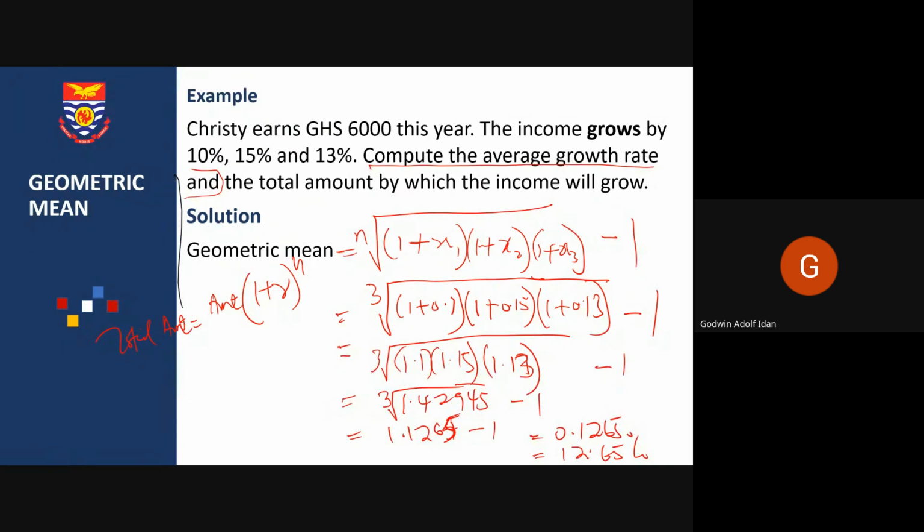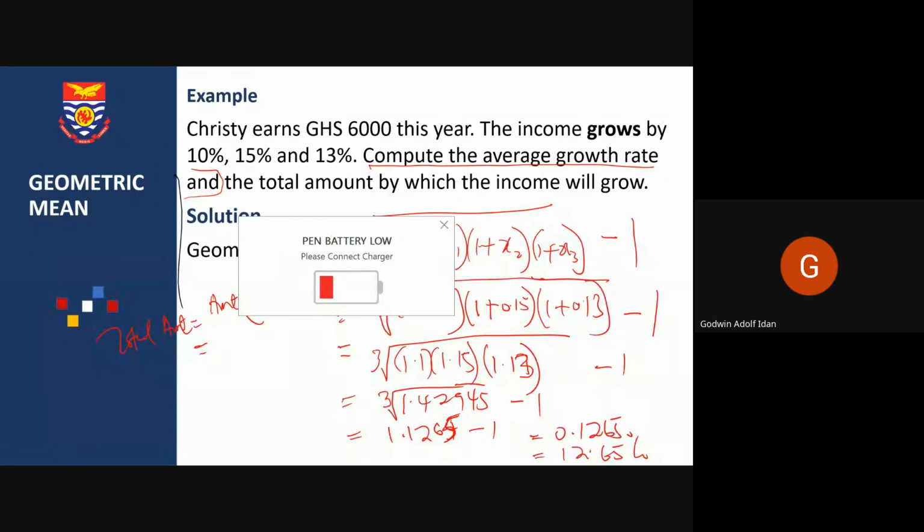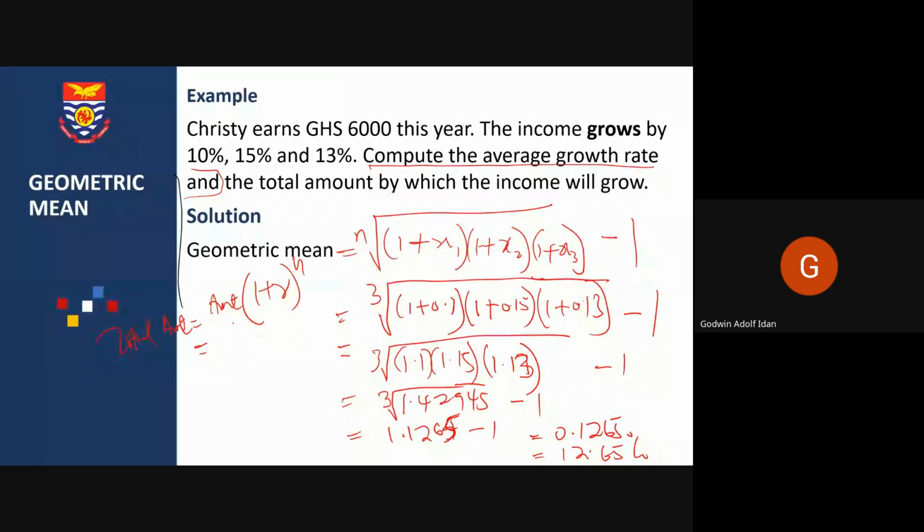So if you look at the question very well, we have 6,000 representing the amount. So we have 6,000, and then the 1 plus the r. The r is the one we have computed, which is 0.1265.